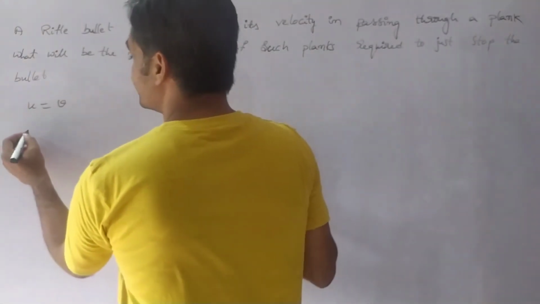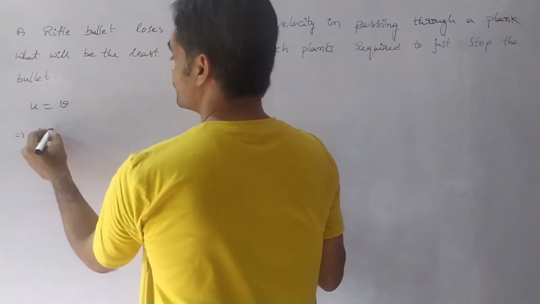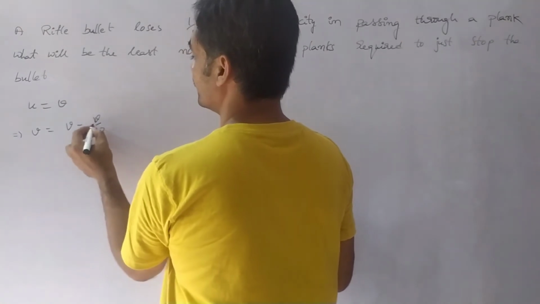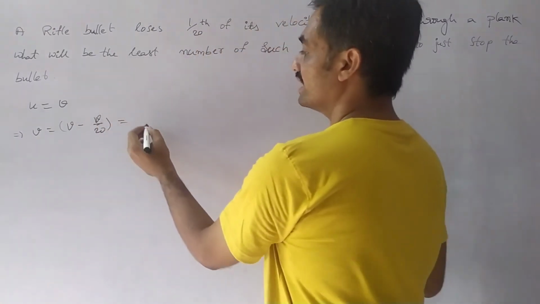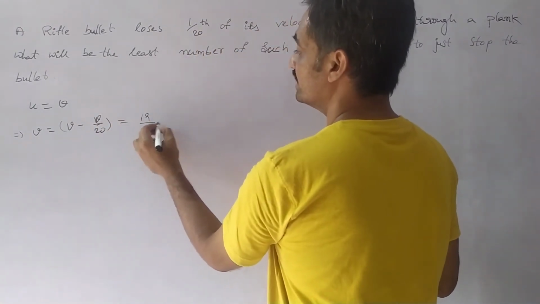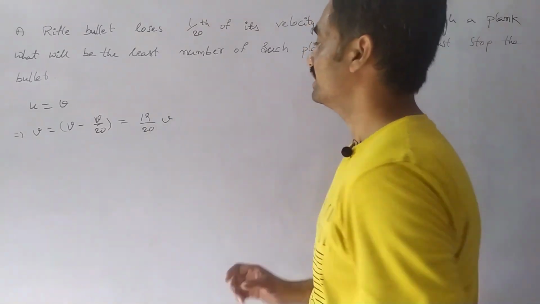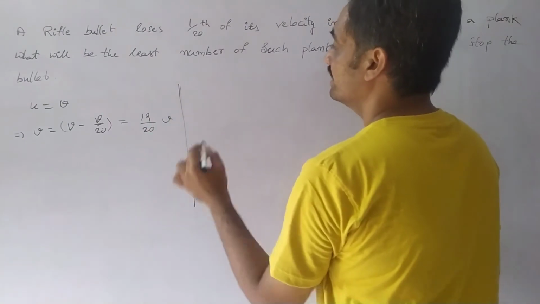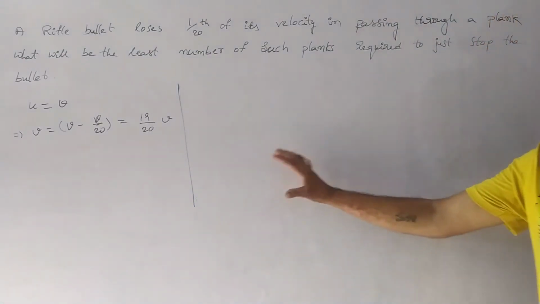As it travels through a single plank, the velocity decreases to v minus v by 20. So based on that we can write it as 19 by 20 into v, its final velocity. So now based on this, we have to find the number of planks required in order to stop this bullet.